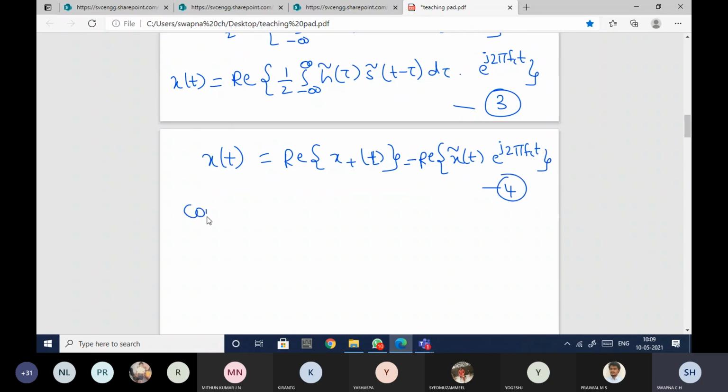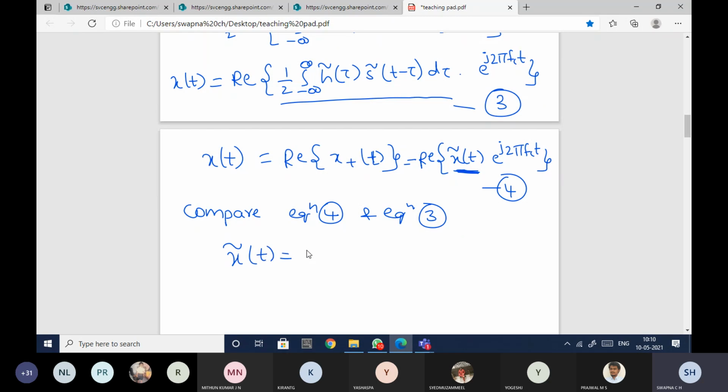Now we can compare equation 4 and equation 3. If you observe, x of t on the left-hand side is the same on both, and on the right-hand side Re. In place of x tilde of t you have half integral from minus infinity to plus infinity of h tilde of tau, s tilde of t minus tau, d tau, and e^(j 2 pi fc t) is there on both sides. So from this comparison, x tilde of t is half integral of h tilde of tau, s tilde of t minus tau.